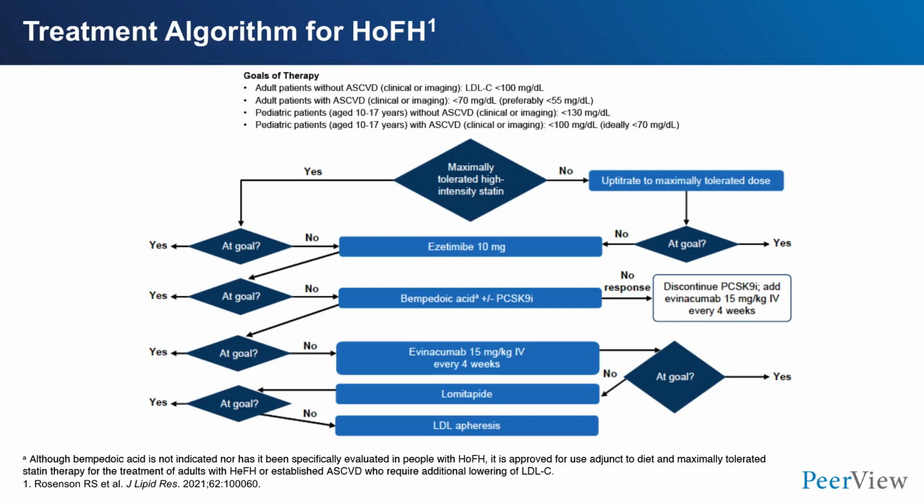If they're not at goal again, evinacumab, then lomitapide, and then lipid apheresis if the patient is still not at appropriate goal. And you can start pediatric patients early on these therapies at age 10 now, based on the safety of some of these medications and the necessity of getting them to goal.